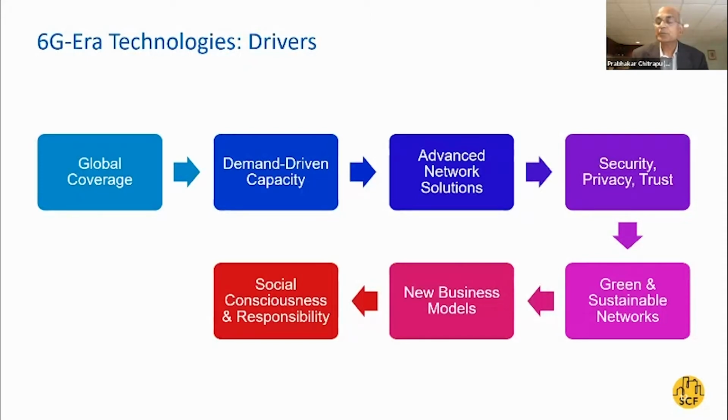Capacity is not uniform everywhere, so you have to have solutions that cater to this. And then advanced network solutions, security, which I'll talk about a little bit more later on. And security, privacy, and trust. Again, very important aspects. They're getting to be even more important as we move along the current times. Green and sustainable networks. Again, a very important thing. Energy is very important to optimize.